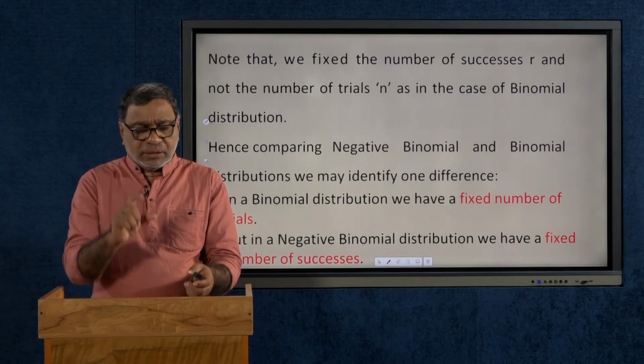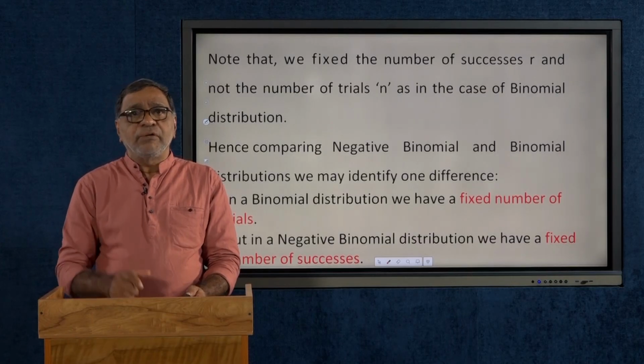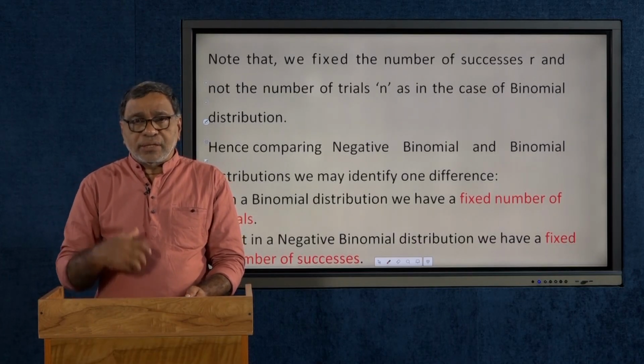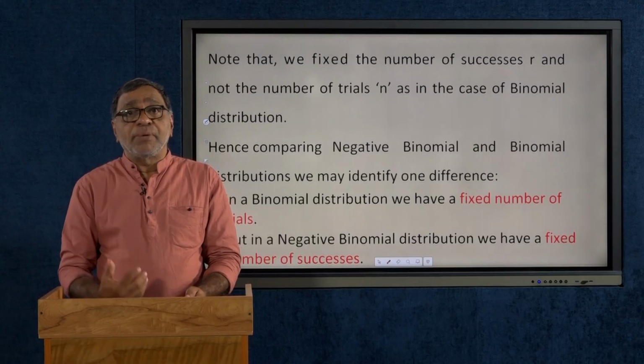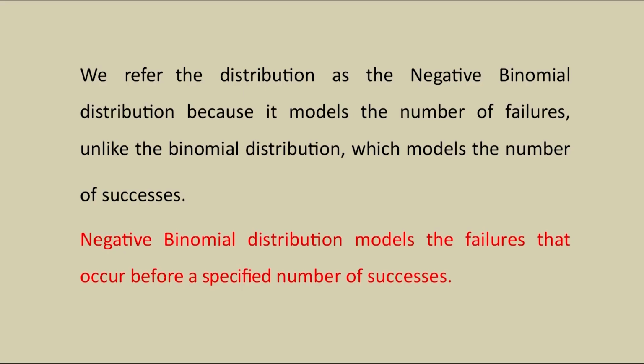This is the basic difference between the two distributions while modeling random variables related to the Bernoulli sequence of trials. This is known as the negative binomial distribution because it models the number of failures, unlike the binomial distribution. When modeling the binomial distribution, our aim is modeling the number of successes, but here we are modeling the number of failures preceding r successes.